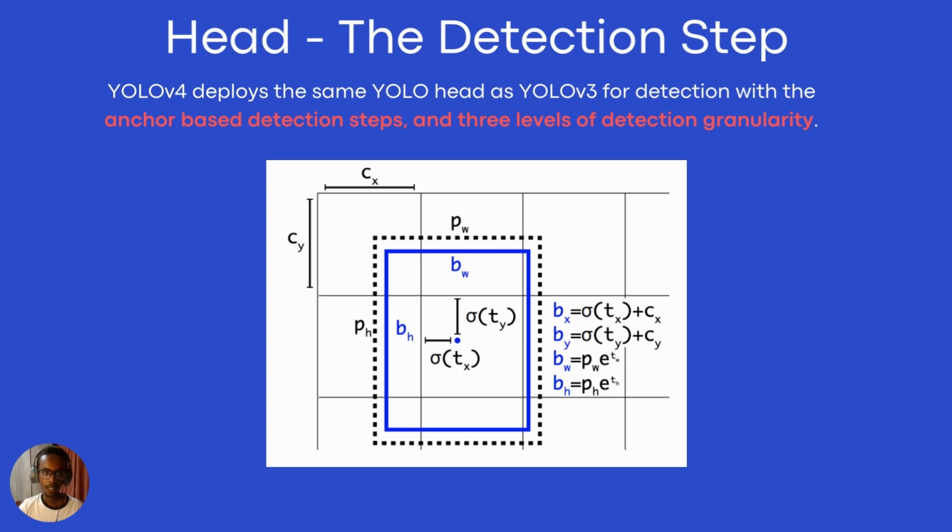All of those things that we mentioned on YOLOv3 will be applied on the prediction or the detection that we're implementing in the head part of the network for YOLOv4. So the final output is going to have the X and Y coordinates for the predicted bounding box, the width and height for the predicted bounding box, and we will have an objectness score and the classification scores.